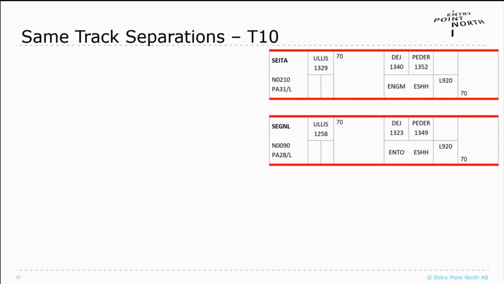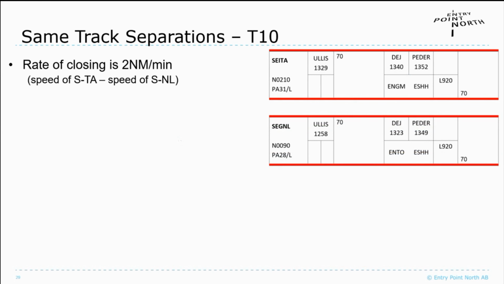What we're going to do is look at the rate of closing between the two aircraft. The rate of closing is how much closer Sierra Tango Alpha is getting to Sierra November Lima every minute, and we're going to measure it in nautical miles per minute. If we look at their flight plans, we can see that Sierra November Lima is flying at 90 knots.